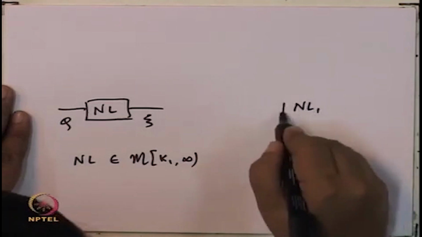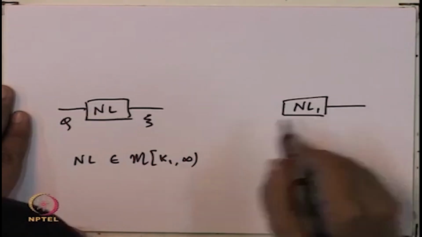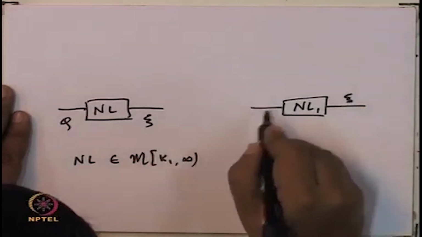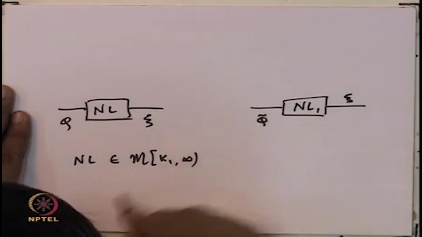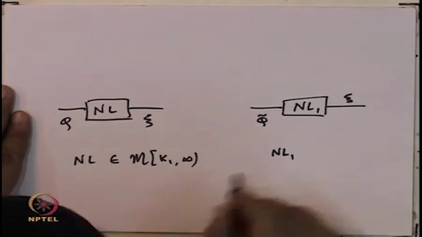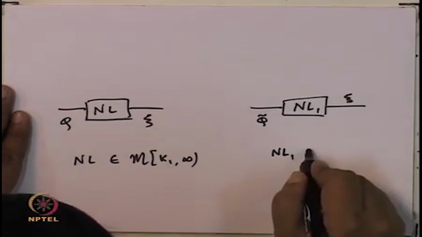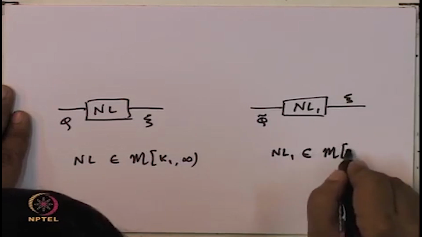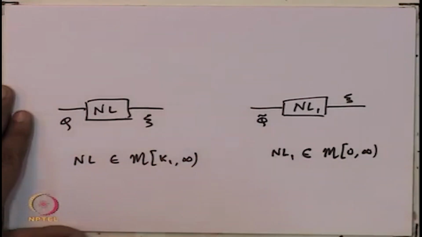Let me call it NL1, such that it has the same input, but now the output is phi tilde, such that this NL1 belongs to the 0 infinity sector.